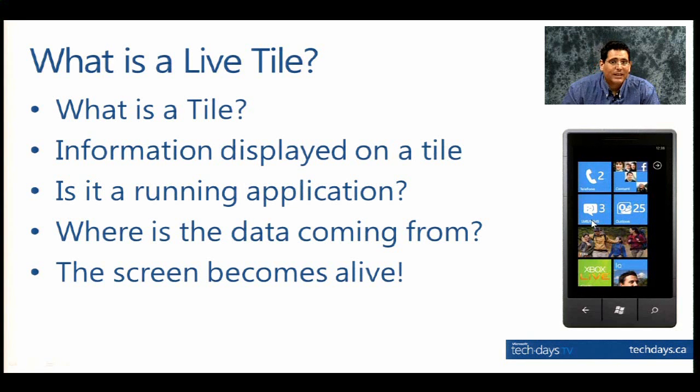Or the SMS MMS unread messages, or the picture tile, which shows a random picture from the isolated storage. So all that is not enough. Remember the stock tracking application I mentioned before. I'd like the tile on the main screen to update, just like I showed you the Outlook tile.